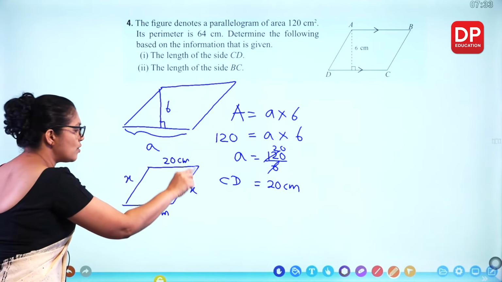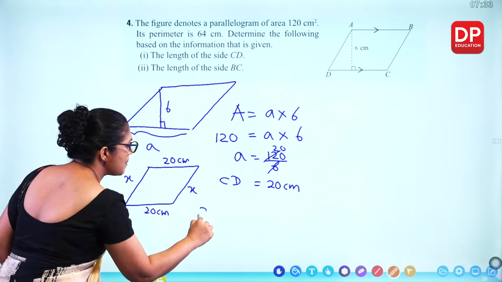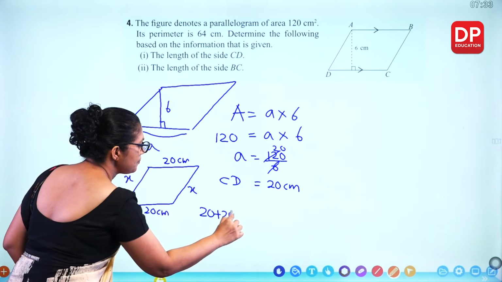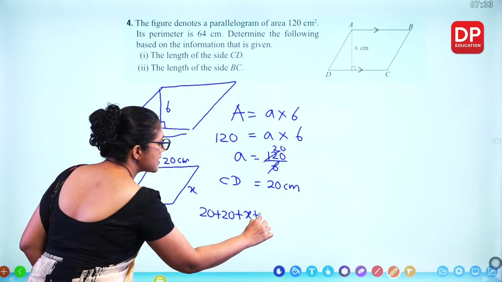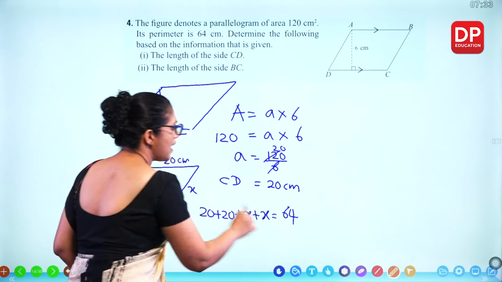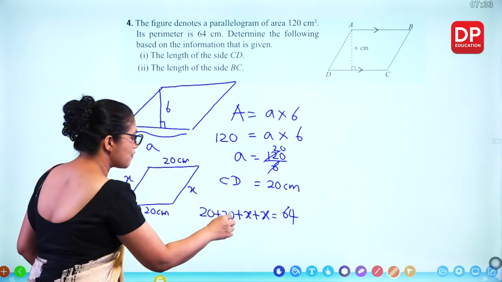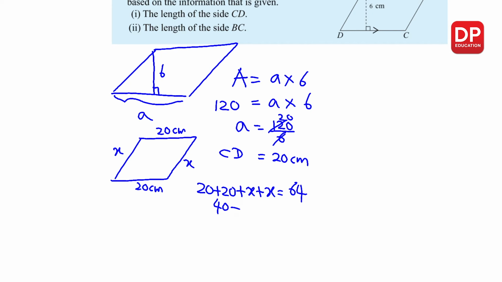So that means the outer length of this parallelogram is 64. So I can write 20 plus 20 plus X plus X is equal to 64. I can find out X by solving this equation. So I get 40 plus 2x is equal to 64.